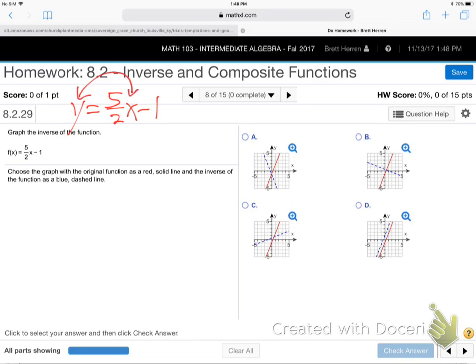So these guys switch. So step 1, switch them. Step 2, get y alone.